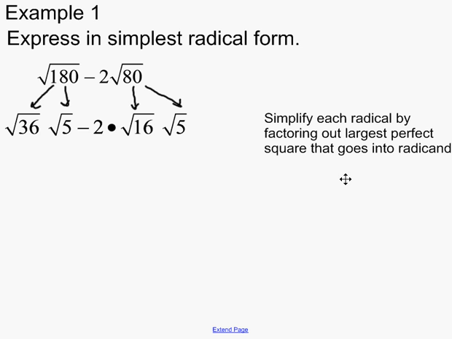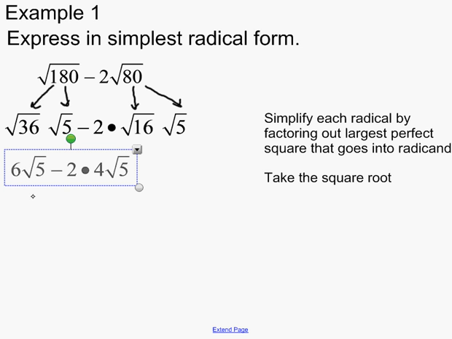So we just take the square root now. The square root of 36 is 6, so we're going to get 6 radical 5 there. The square root of 16 is 4, so we get 4 there. Just bring down the 2 and bring down the radical 5.